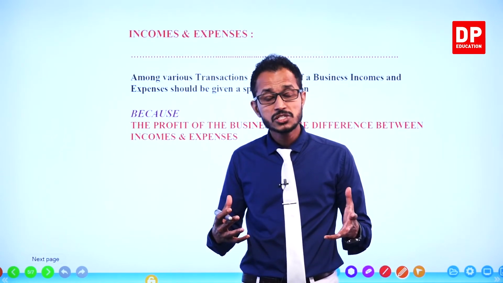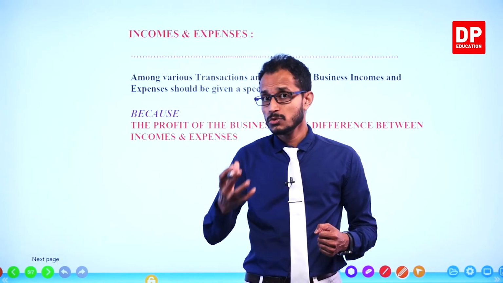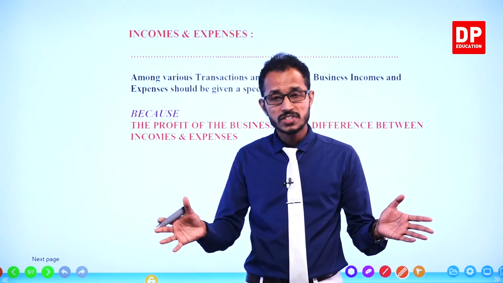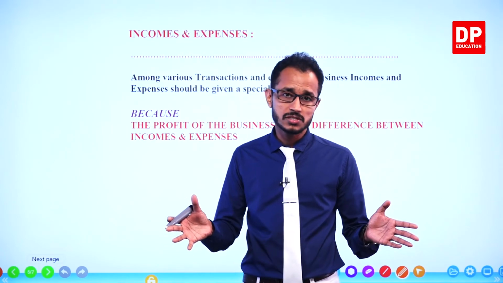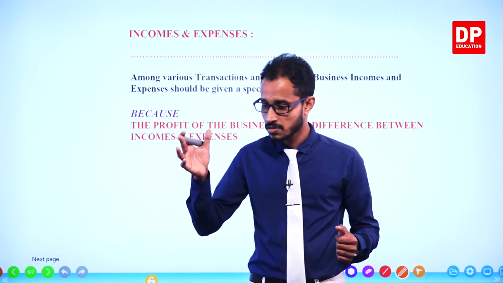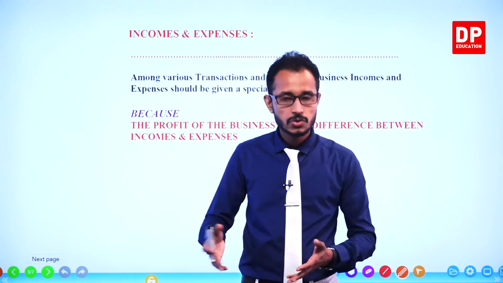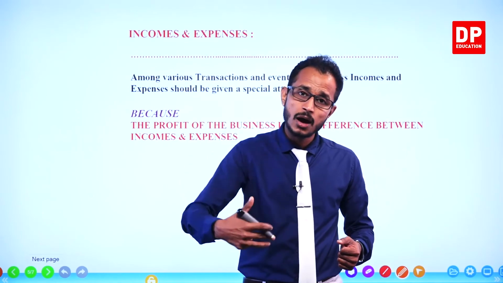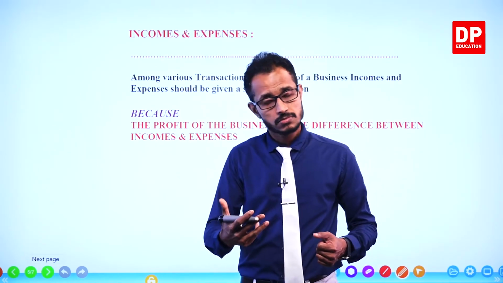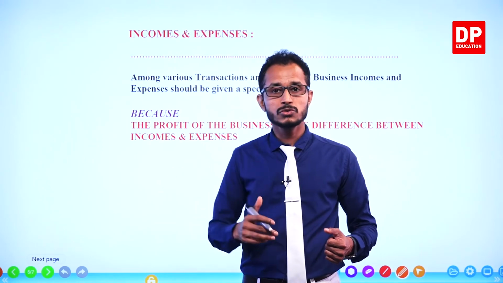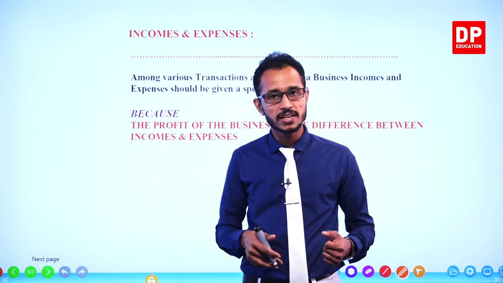So the building is used for my business because of all of those reasons. Nice location, ample parking, beside the main road. That's why I'm paying 50,000 to the owner of the building to use that space, to use that building.